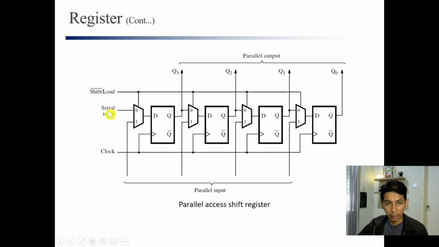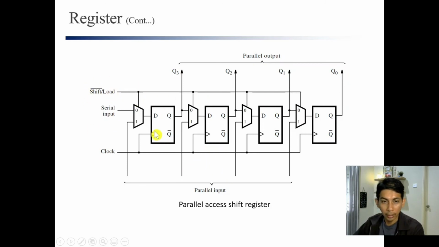It will go here, and the input to the second register is the output from the first register, the first flip-flop. So the data will shift from here to here, and from here to here, and from here to here, then go to Q0. So shift and load depend on this signal.